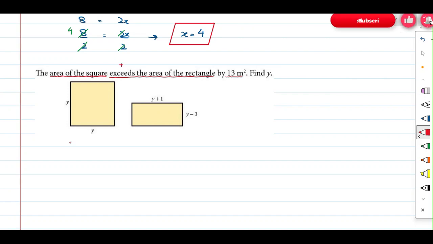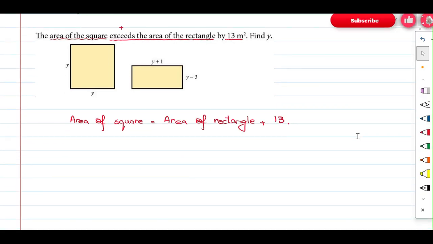So the area of square exceeds the area of rectangle, so to the area of rectangle you add 13 square meter. This is how you have to convert the statement into the equation.